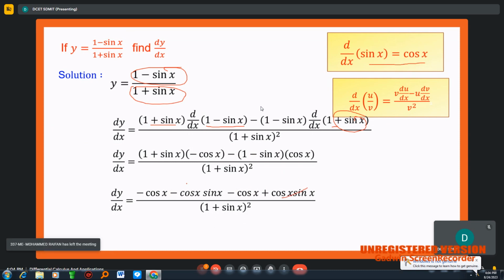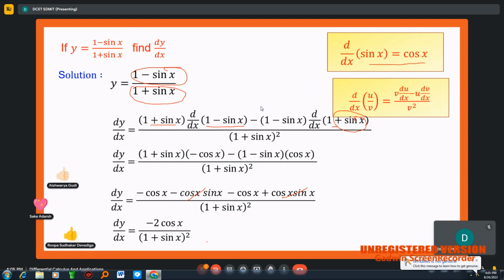Now this cos x sin x cancels. What we are getting is minus 2 cos x divided by 1 plus sin x whole square. Okay, did all of you follow? Is this clear?